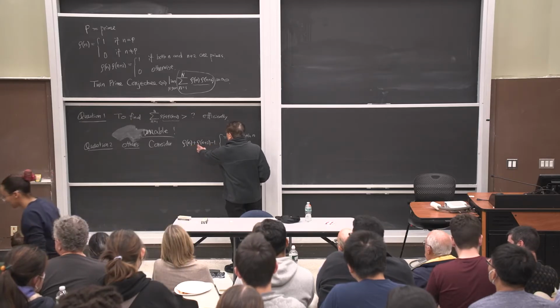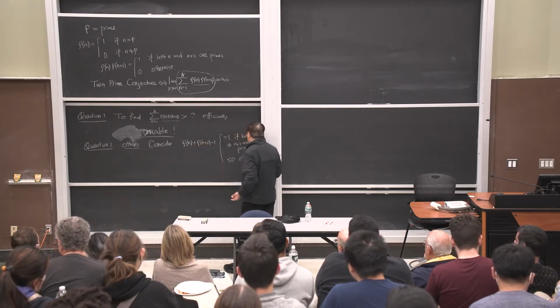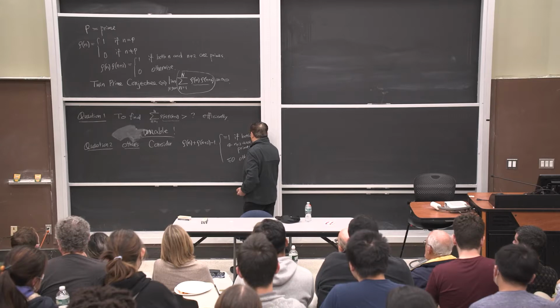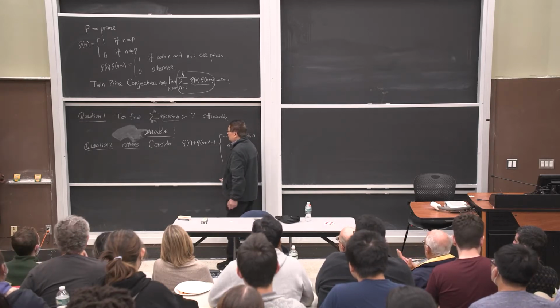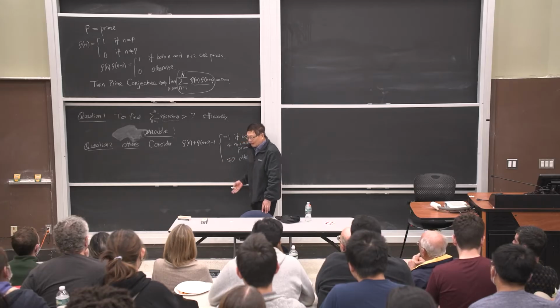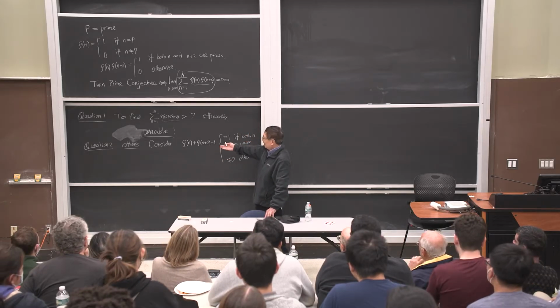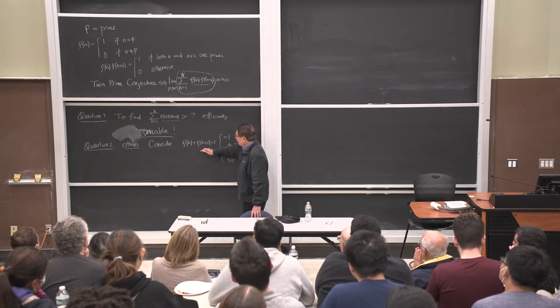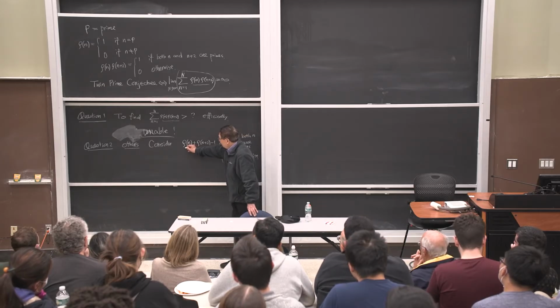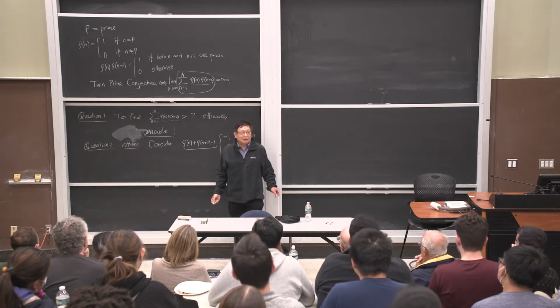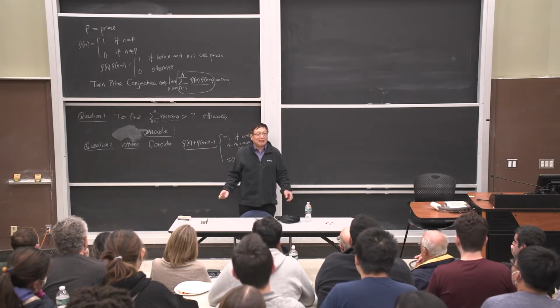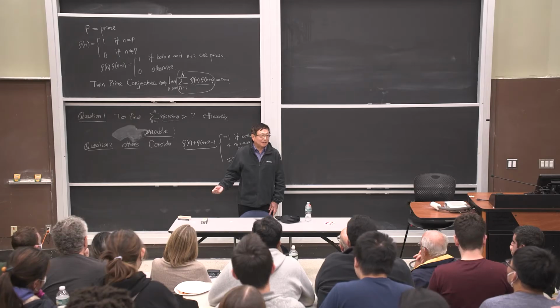If both are non-prime, it is negative 1. So now the question, I'm not going to write it down, but can we find infinitely many m such that this one is strictly greater than 0? If we can do that, we also answer this question.